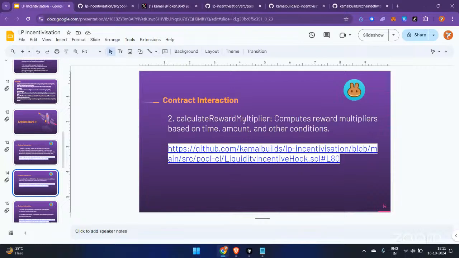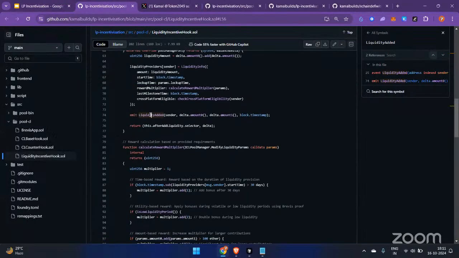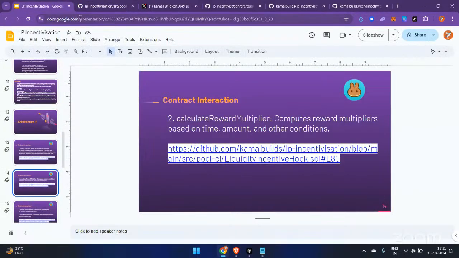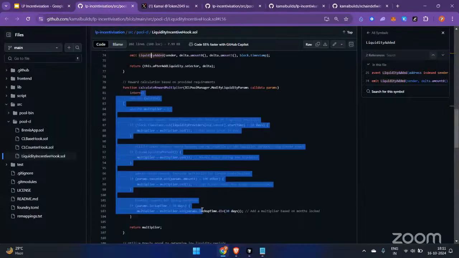Let's go to the second. These are all the contract interactions, which are the functions present in the smart contract. The second is calculate reward multiplier. This function calculates the rewards based on provided requirements. It computes reward multipliers based on time, amount, and the conditions, as you can see here.